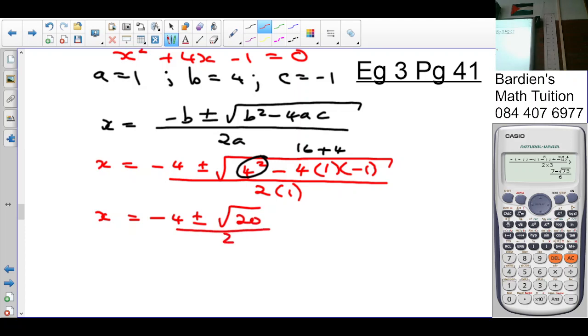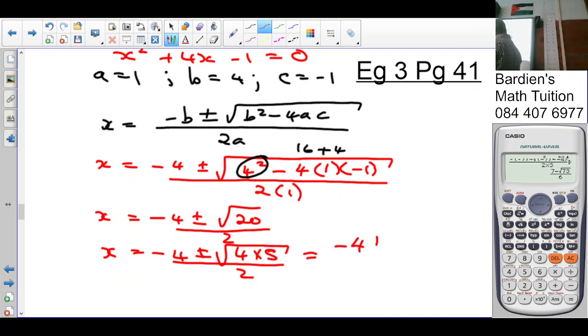Not so? Now looking at the square root of 20, is there a perfect square that goes into 20? 4. So x is equal to negative 4 plus minus the square root of 4 times 5 over 2. What's the square root of 4? 2.